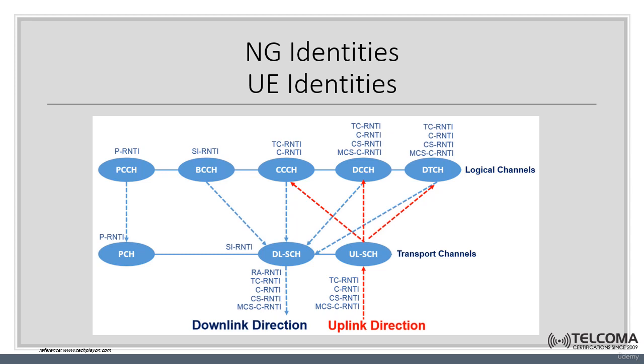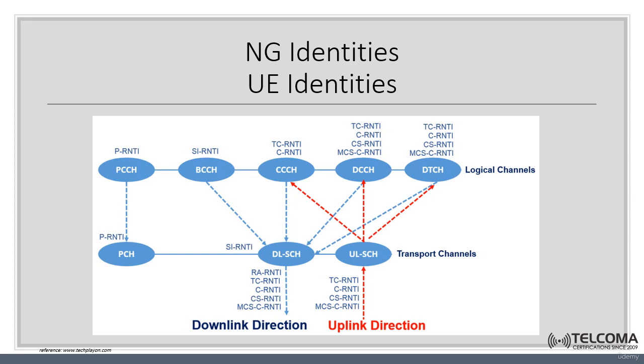So this diagram is listing and summarizing all the RNTIs that are used over the new radio interface for the user equipment identification, and they are used either in uplink direction or downlink direction.